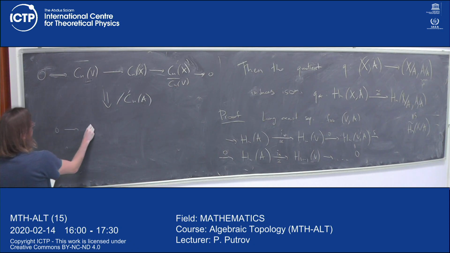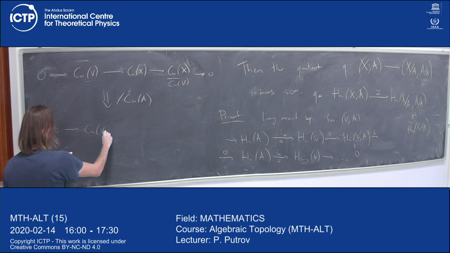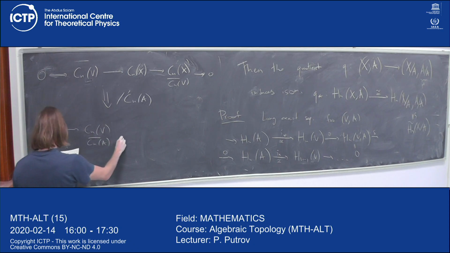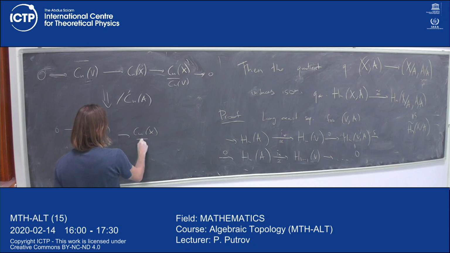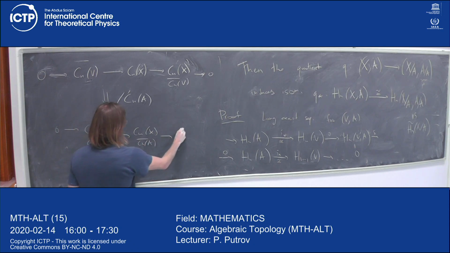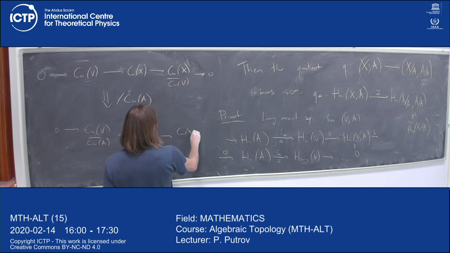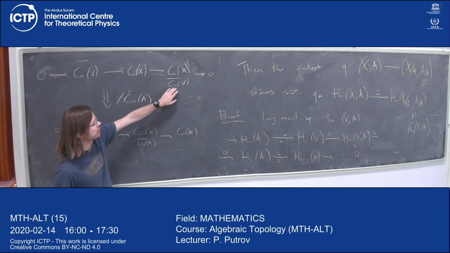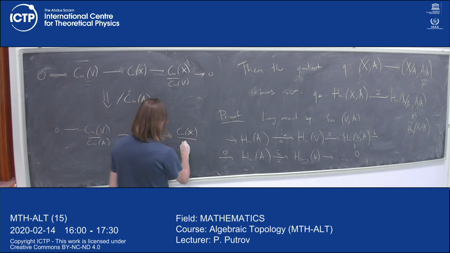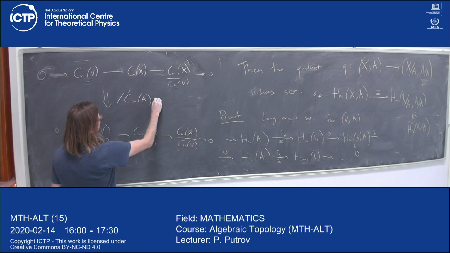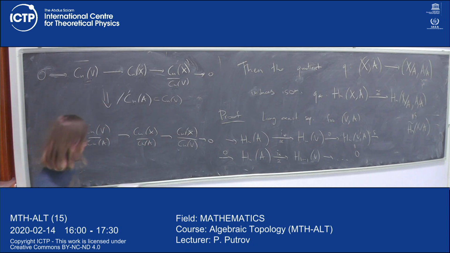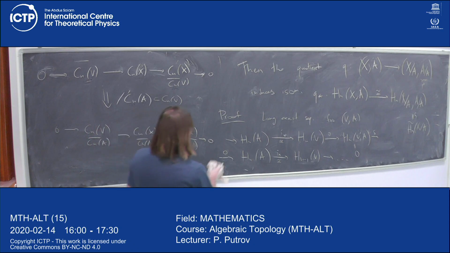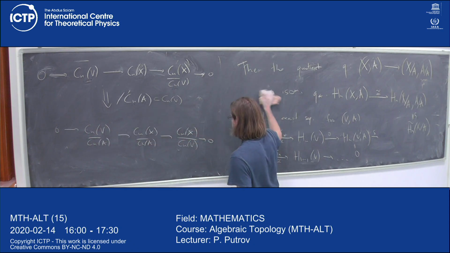And so how does this modify our things? This gives me C_n of V divided by C_n of A, and this is C_n of X divided by C_n of A. And this is actually not modified, because A is inside V, so C_n of A is a subgroup here, but I already quotiented it over this larger subgroup, so it actually doesn't do anything anymore.